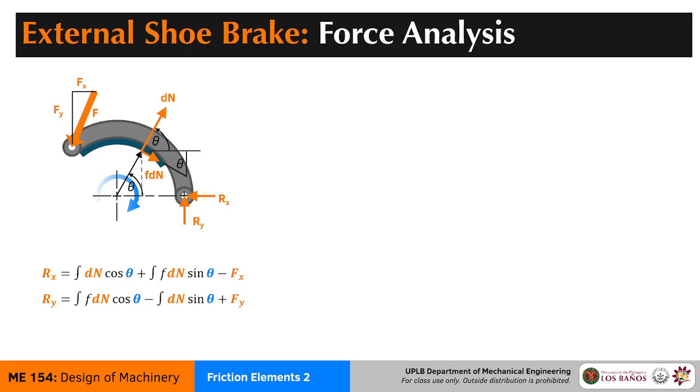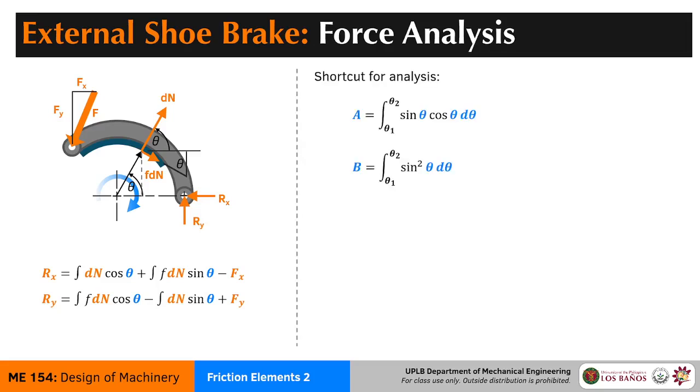So isn't this way too hard? It does get a bit tedious because you are solving for two moments and two reactions. So here's a bit of a shortcut. We can assign coefficients A and B to these particular expressions because they do show up in the friction moment and the normal moment expressions. And if we do that, we arrive at these expressions.